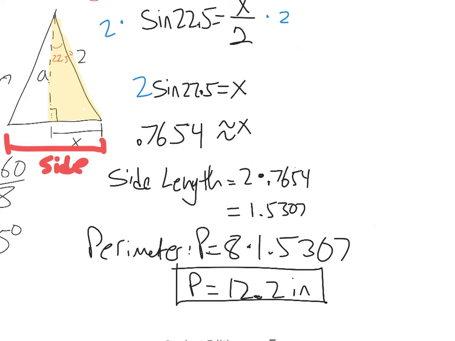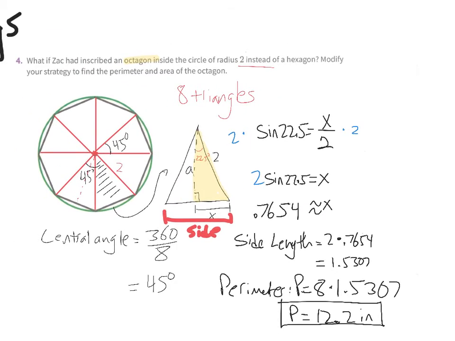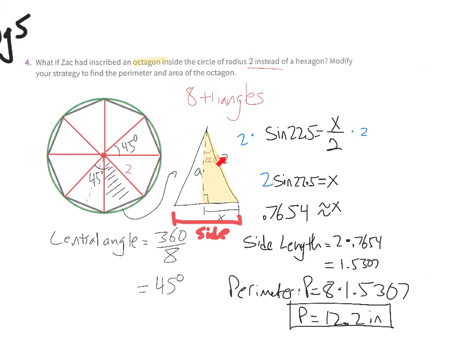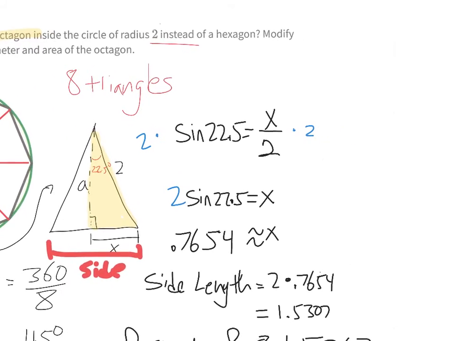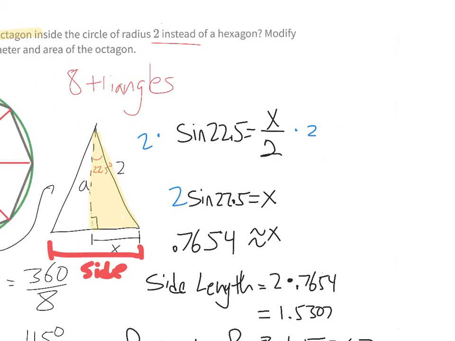So what about finding the area? Well, we know the area of a triangle is 1/2 base times height. So let's find the area of one triangle, and then all these triangles are the same, so we can multiply it by 8. All right, let's do that.